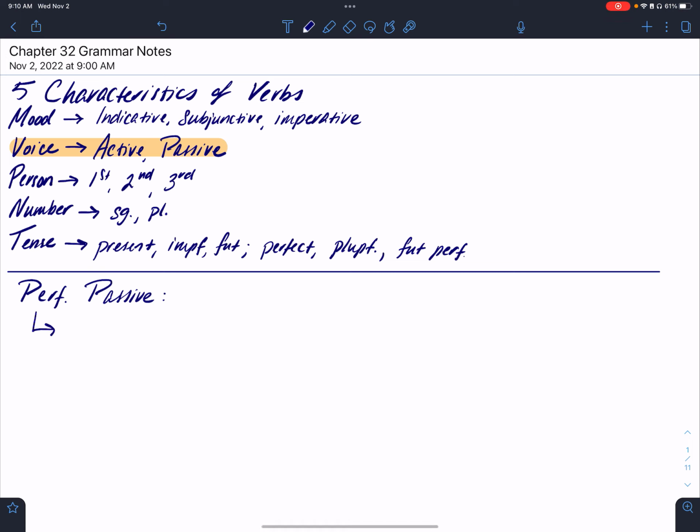Essentially, the formula is the 4th principal part plus the present of sum, esse, fui, futurus.